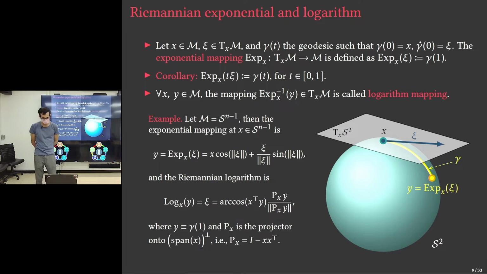Other fundamental tools in Riemannian geometry, used in optimization, or at least in some approximate version, are the Riemannian exponential and logarithm. This we have also seen last time.